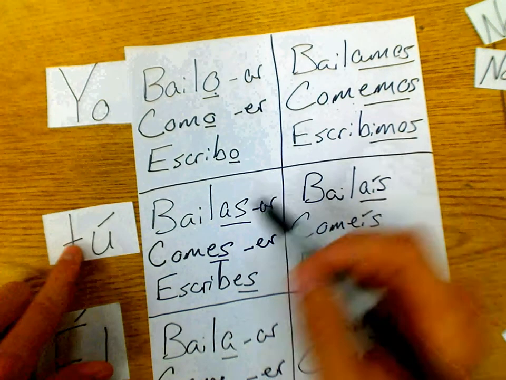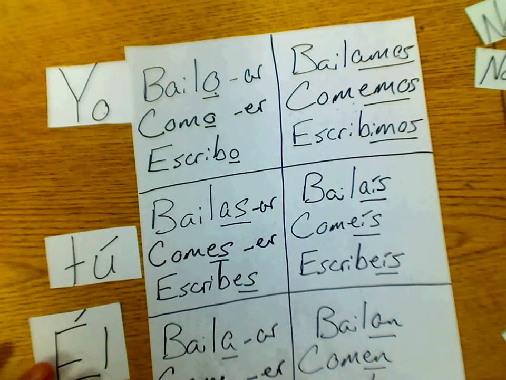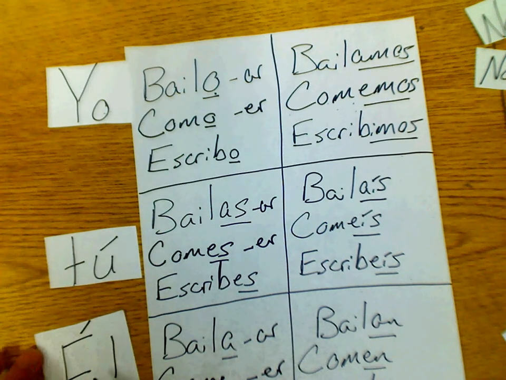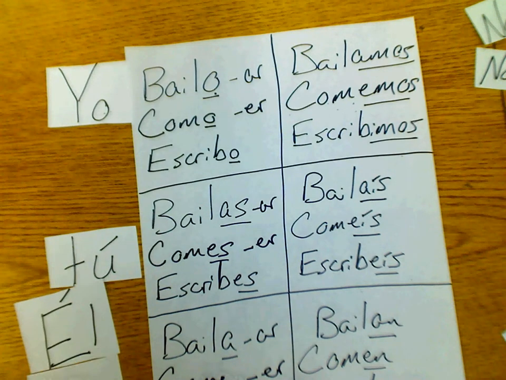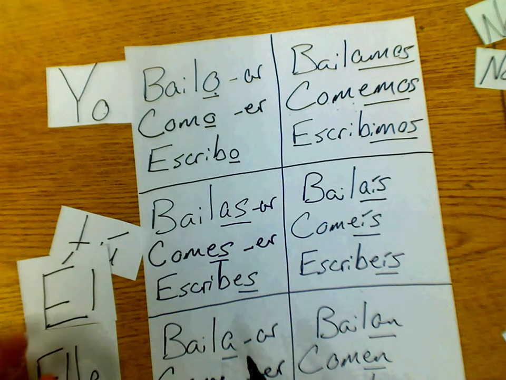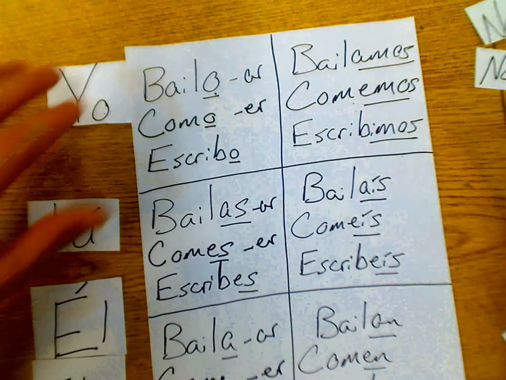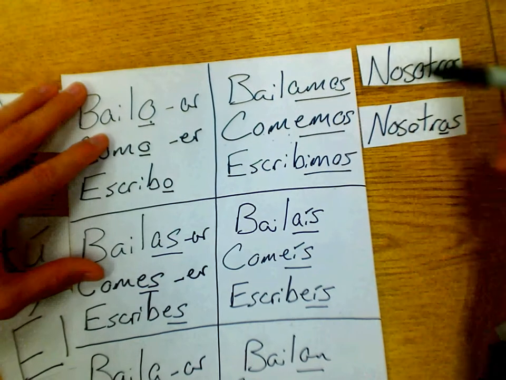So the ending is slightly different. With ER verbs, it's tú comes. Él come, he eats. Ella come, she eats. Usted come, you eat. Again, up here. Nosotros bailamos.